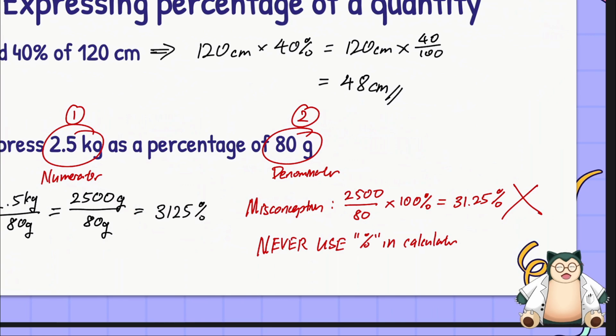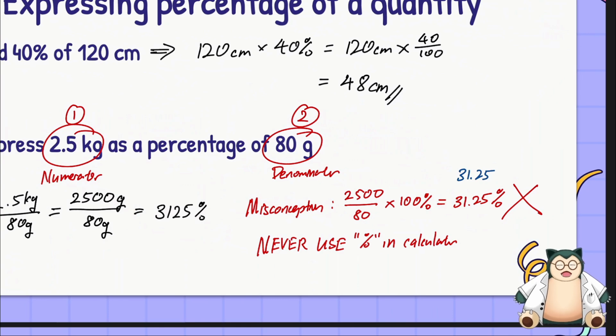Now, why is this the case? Actually, the answer is not wrong. What the calculator is trying to say is 31.25 in decimal. Notice your calculator doesn't have the percentage symbol in the answer at the bottom right. Hence, the calculator is not wrong in saying 31.25, but you still have to convert it to percent by multiplying 100.